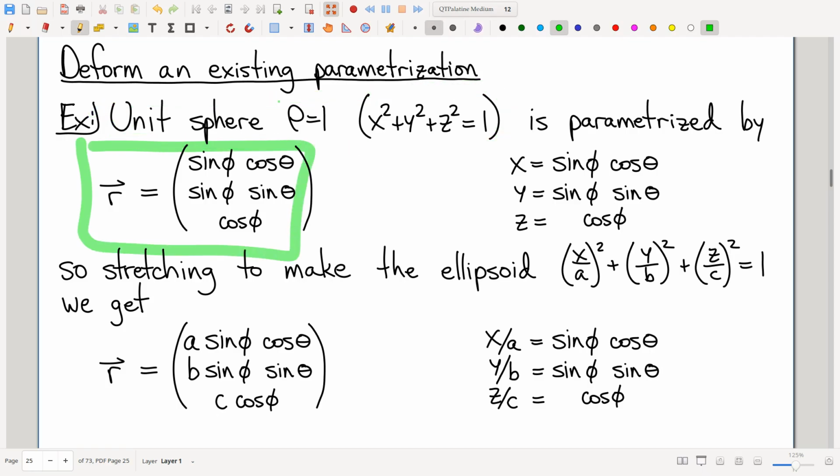Now, the unit sphere is super easy to parameterize. In fact, quick observation, if you view the unit sphere as being a graph, a spherical graph, rho is a function of phi and theta. Boring. That's okay, right? Rho is a function of phi and theta. And plug that into your conversion formulas, and you instantly get this parameterization.